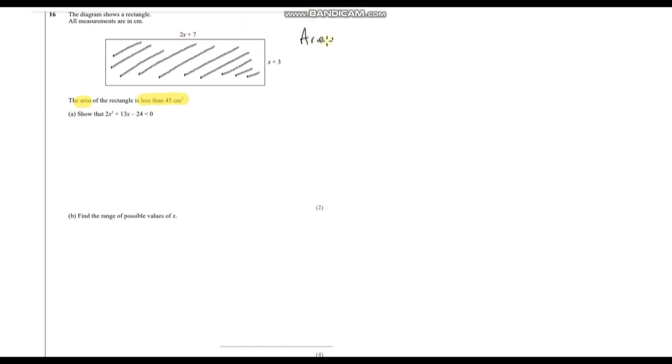So the area is going to be 2x plus 7 multiplied by x plus 3. And there's a few ways you could do this. You could do the grid method, but I'm going to FOIL it out. So I'm going to multiply everything in these brackets by everything in these brackets.